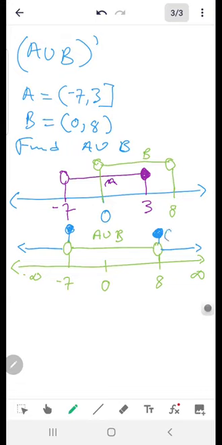So this side is (A union B) complement, and this side is also (A union B) complement.